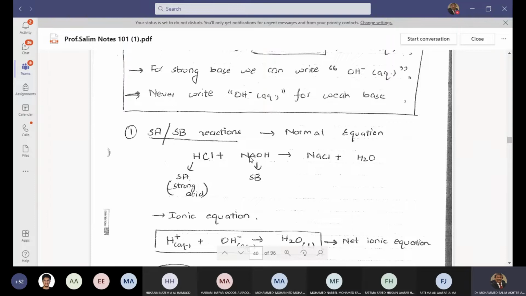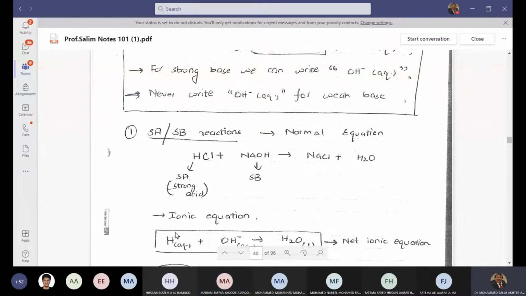Strong acid, strong base, acid plus base. What do you get? You get salt and water. Always salt and water. For strong acid, I can always write down H plus, whether you write HCl, HBr, or HClO4, whatever.